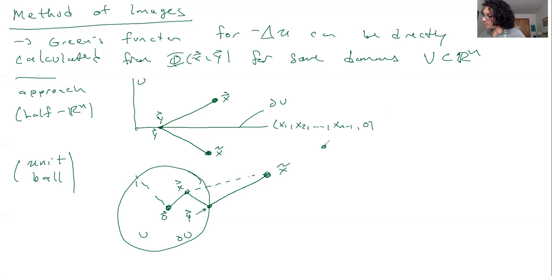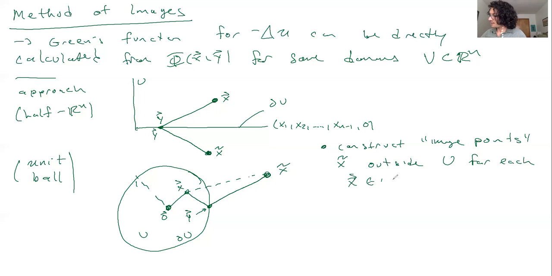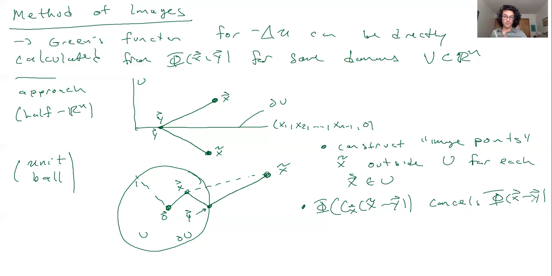So what are we talking about here? We want to construct these image points, which we call x tilde, and they're on the outside of U, for each x that lives inside of U. Phi of Cx, which could be some function of x, multiplied by x tilde minus y, is going to cancel the value of phi of x minus y, just on dU.